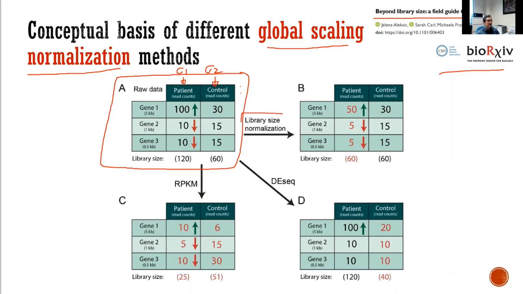One is library size normalization. Then there's one called RPKM, which is specific to bulk RNA-seq. I will mention this. And then there's DE-seq, a differential expression analysis package. They use a specific normalization method. I will go over three of these independently, so that you have some idea about what we are talking about.